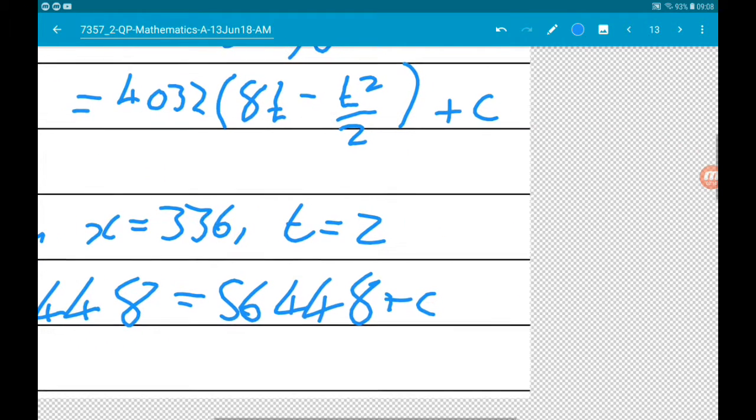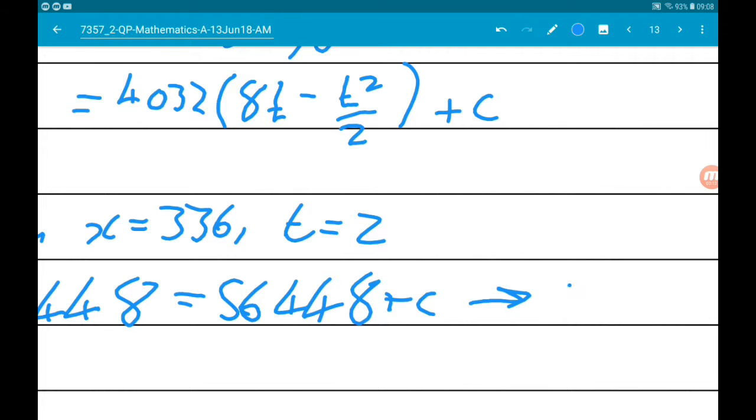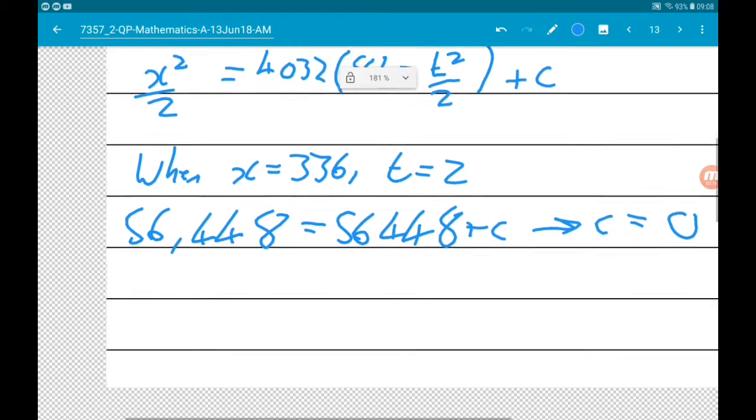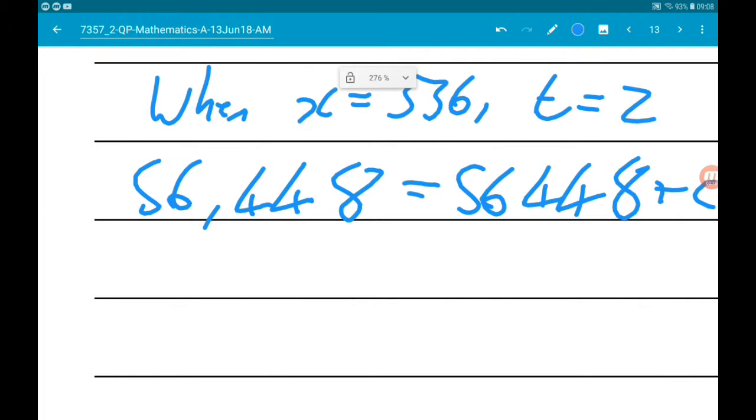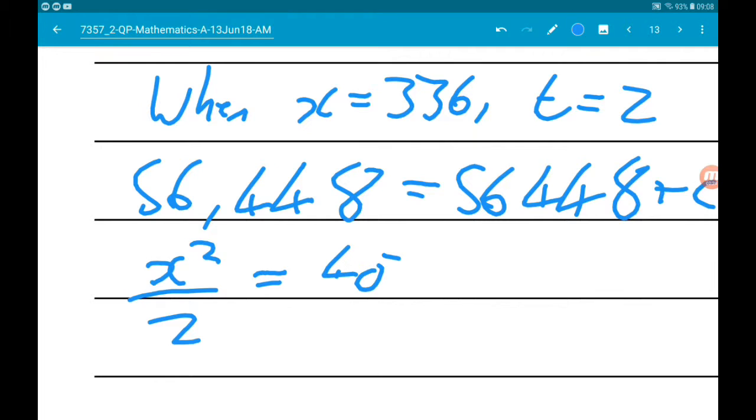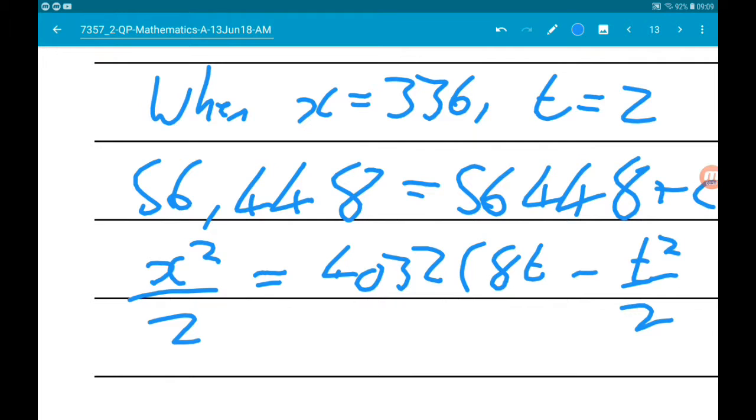So therefore c is equal to 0. So we have x squared over 2 is equal to 4032 times (8t minus t squared over 2).